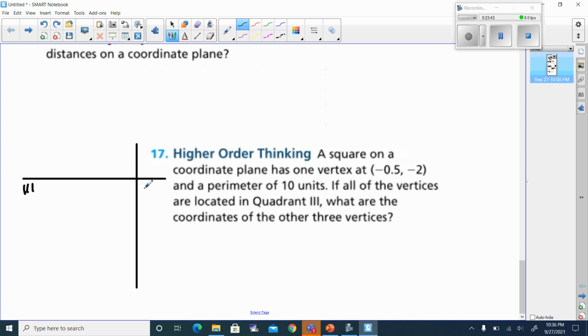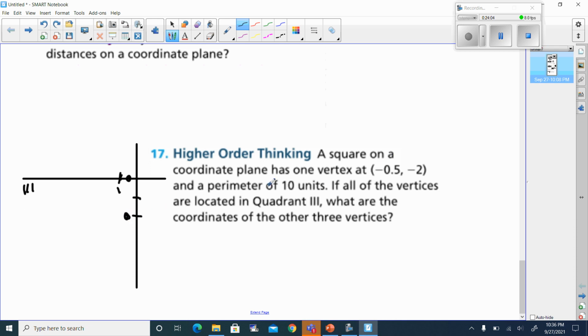So 0.5 is not even at 1, right? Let's just say this is 1. So 0.5 is going to be right here, halfway in between. And then -2 would be going down 1 and then 2. So we're looking at about right here.